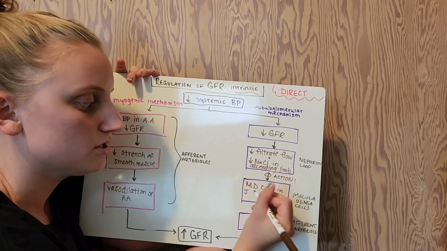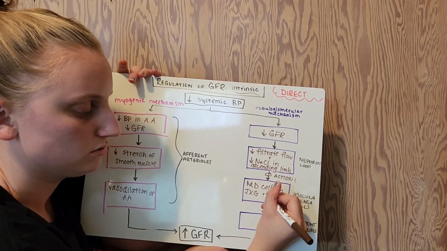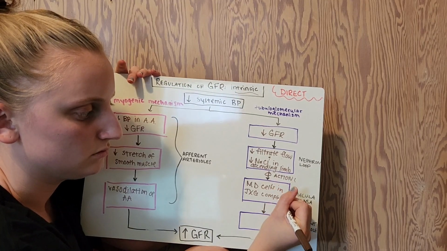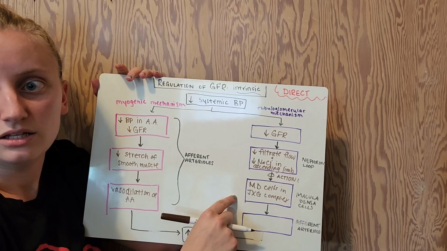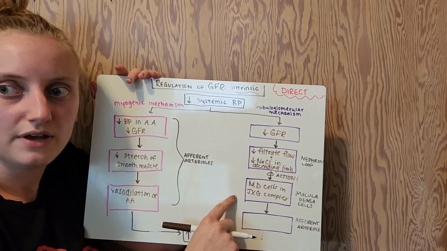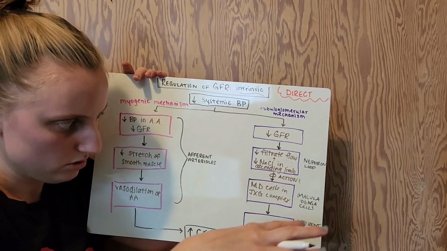So instead of juxtaglomerular, I'm going to say JXG complex. And so action on that leads to the release of vasoactive chemicals is inhibited.